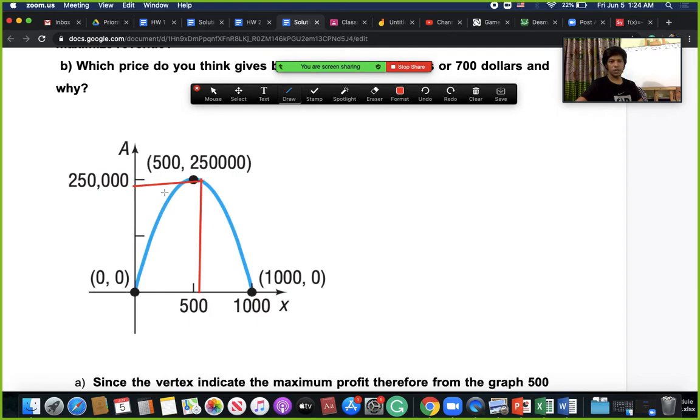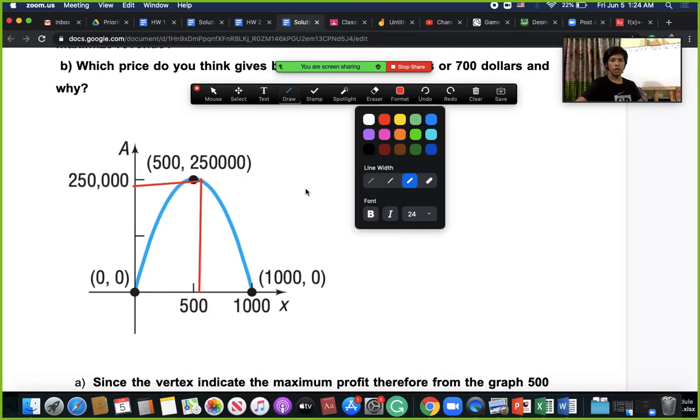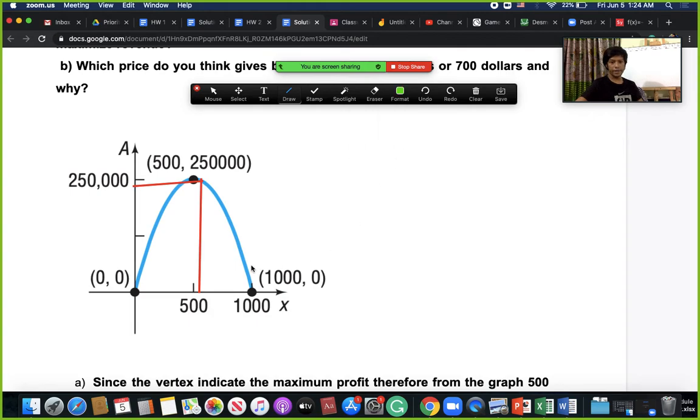And $700, I think you will agree, will be somewhat here, and it cuts the graph at this point. And at this point, your revenue is somewhat here. So you see, where is the revenue more?